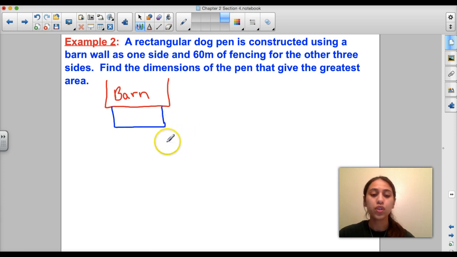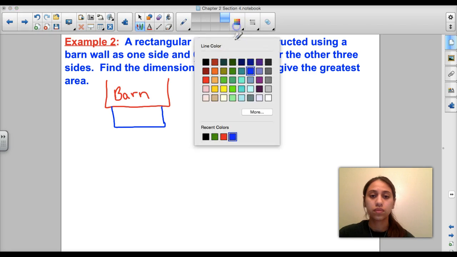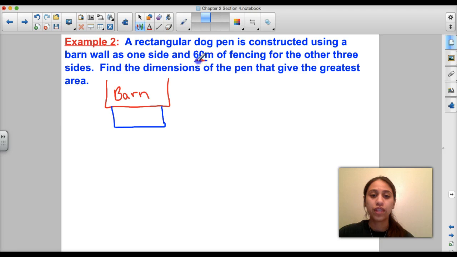Okay, so we know we're looking for the greatest area and we have 60 meters of fencing. What do we know? For a rectangle, if we don't know the value, we can just say it's x.